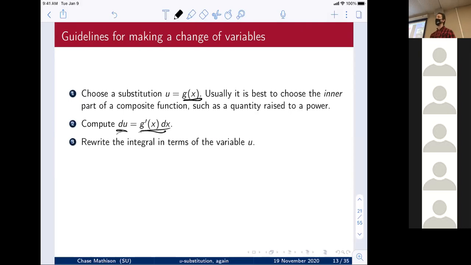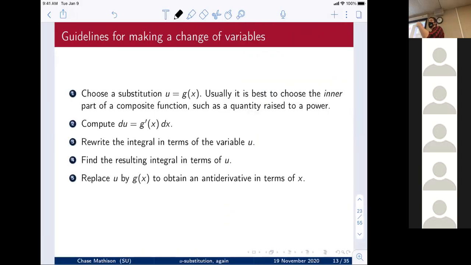For that, you need to do a little bit of massaging most of the time to make the right-hand side look like what's in the integral, because most of the time it's not going to be exactly g prime of x dx. But it will usually be off by some factor. Then you find the resulting integral in terms of u. No surprise there. Then you need to replace u back into that general antiderivative that you found, so that if you're asked a question in terms of x, you give an answer in terms of x.